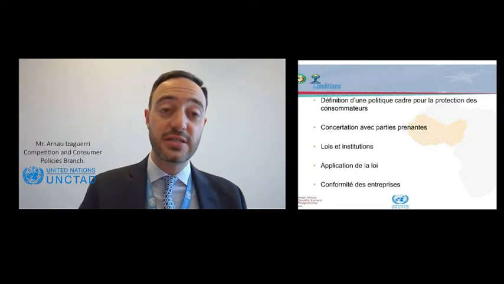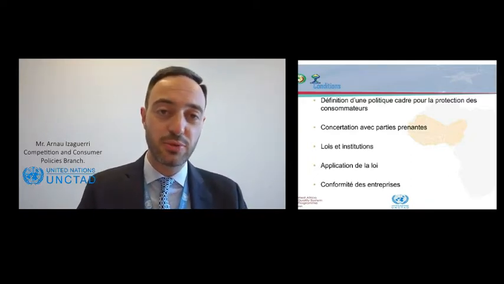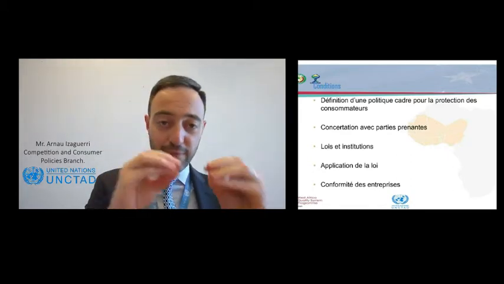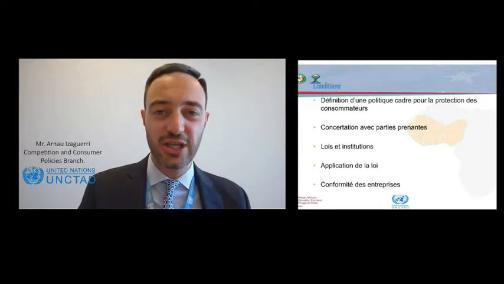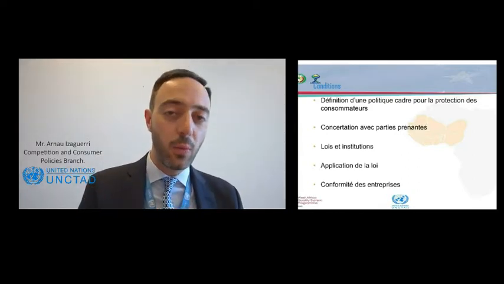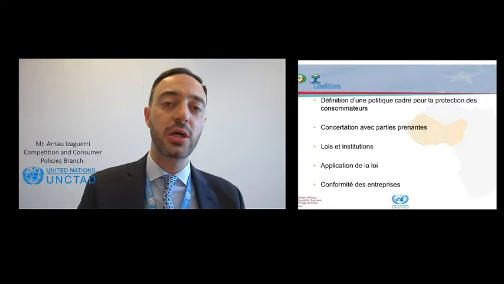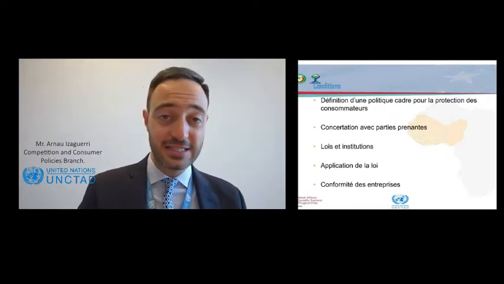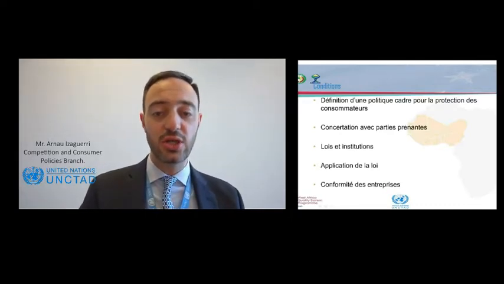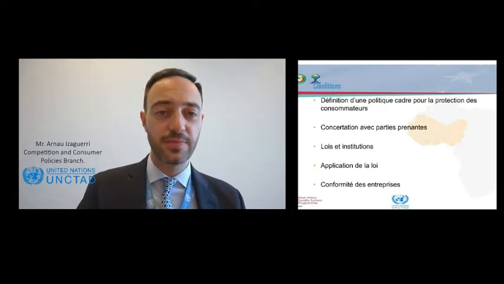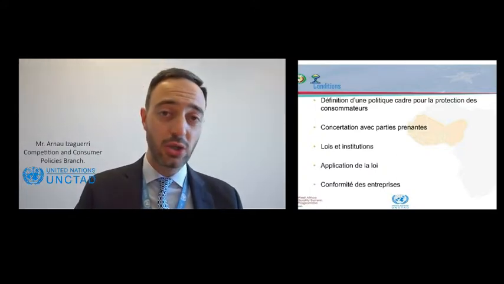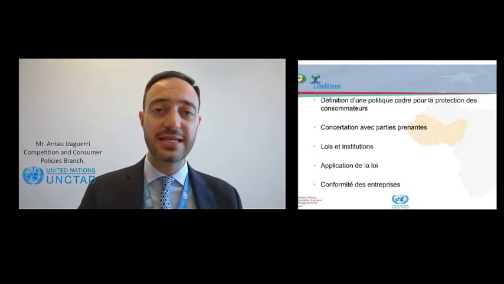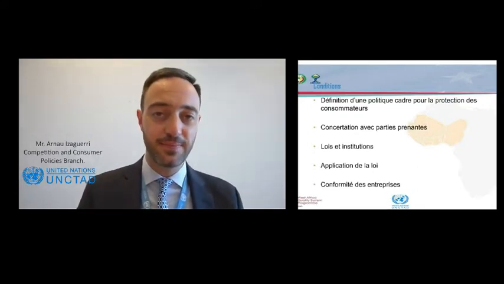Now, a condition for successfully implementing a consumer protection regulation is first to define the framework for consumer protection at the national level. And this is something that we would want to work on in the following day. Second is to have an exchange and consultation with relevant stakeholders. Third is to put in place laws and regulations that address consumer protection horizontally, that is cross-cutting, and vertically, sector-specific.